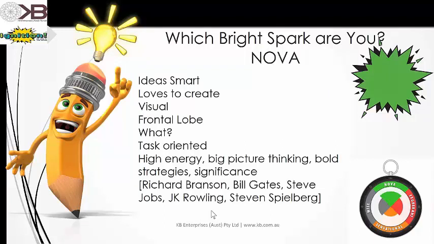So our NOVA, or our visual learner, is idea smart. They're someone who is very creative. They will come up with bright ideas very rapidly. Their mind is, if you think about a grasshopper, it never sits still. It's jump, jump, jump. So they're quite innovative. They're very intuitive in their thinking.